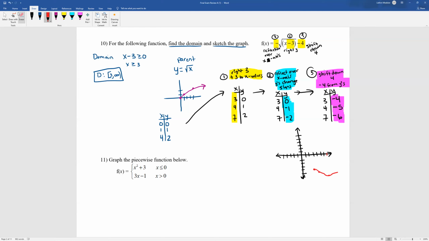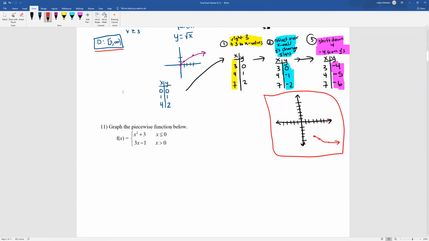And hopefully you won't be drawing this on your test with a stylus, because those sometimes make it really hard to draw nice curves. That's the best I can do with that guy. So this is our final answer. This is the graph. This was the domain. We've done both parts.